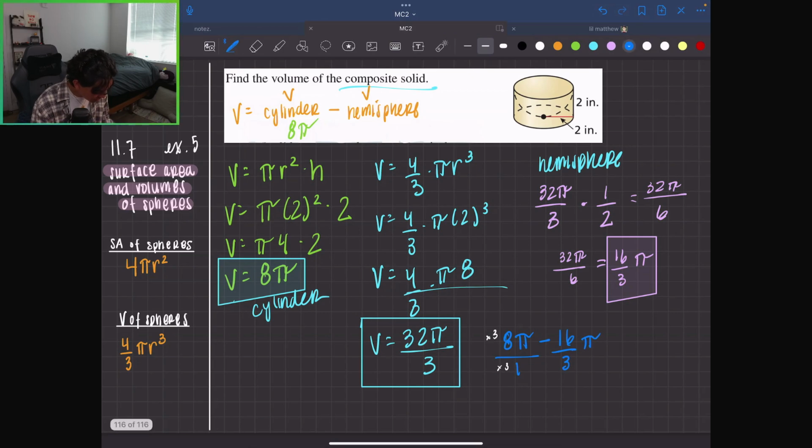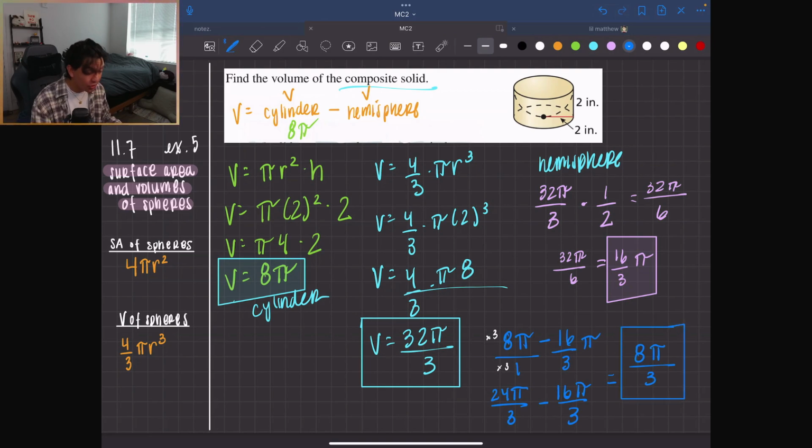So 3 times 8 is 24 pi over 3 minus 16 pi over 3. Now we can subtract. 24 pi minus 16 pi is going to give us 8 pi. And don't forget about your denominator. So what is the volume of this composite solid in terms of pi? It is 8 pi over 3.